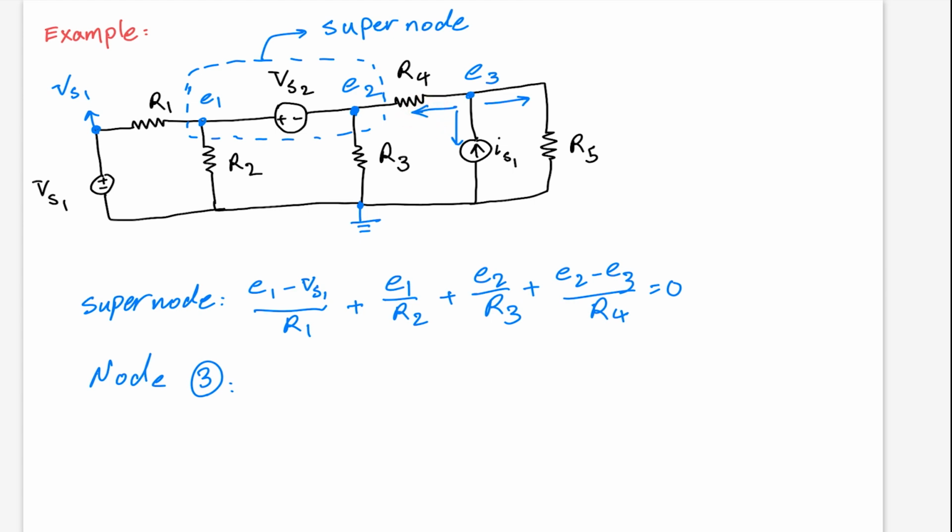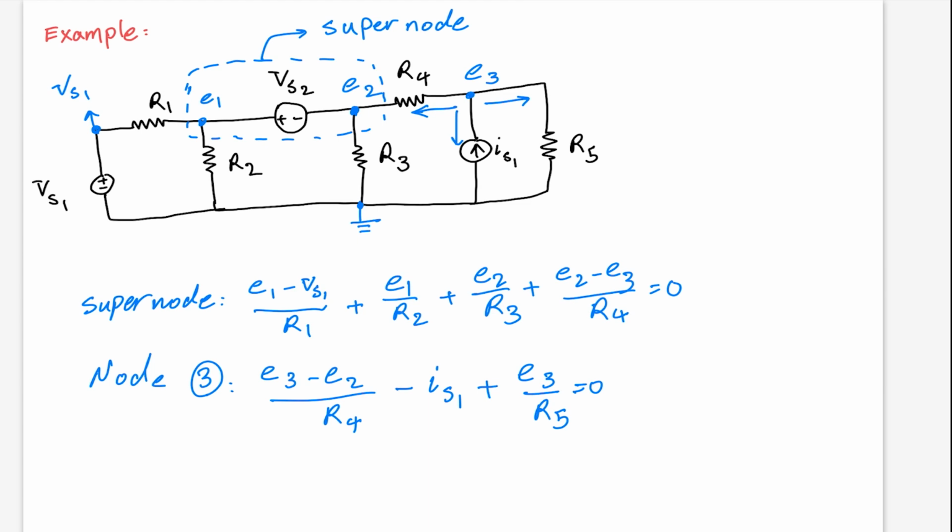This current will be equal to E3 minus E2 over R4. This current will be minus IS1. And finally, this current is equal to E3 over R5, equal to 0.